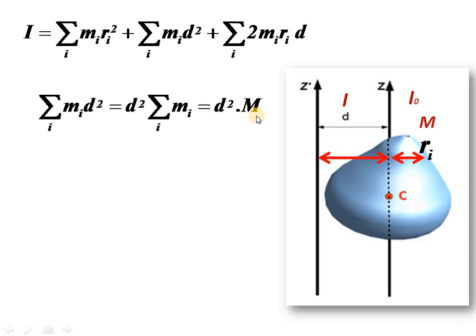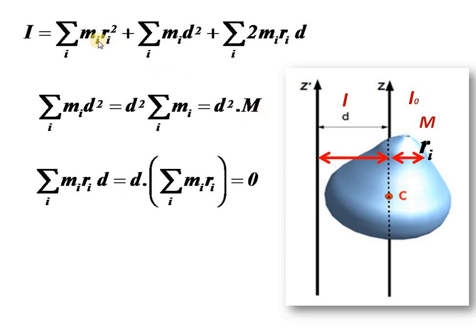Now take the next term, that is 2 mi ri d. 2 is a constant, so nothing will happen there. And d you can take outside since it is a constant, and inside you will have the summation of mi ri. In fact, this is the summation with respect to the center of mass point, and the summation with respect to the center of mass point will be equal to 0.